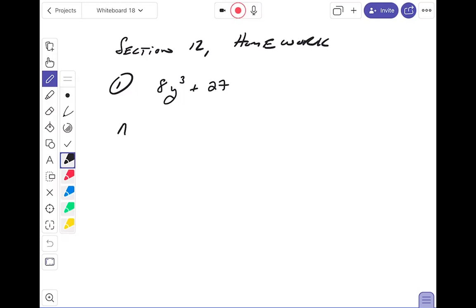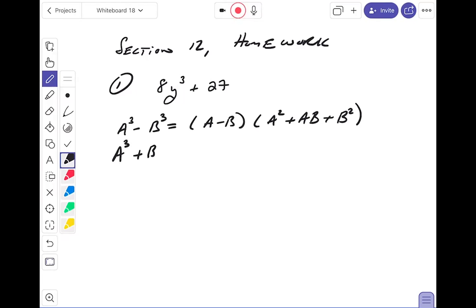A cubed minus b cubed, that's 1. That would be a minus b times a squared plus ab plus b squared. The other one you need to memorize is a cubed plus b cubed. This is a plus b times a squared minus ab plus b squared. They're remarkably the same, by the way.